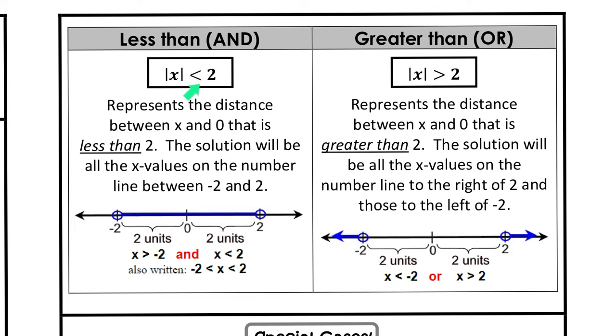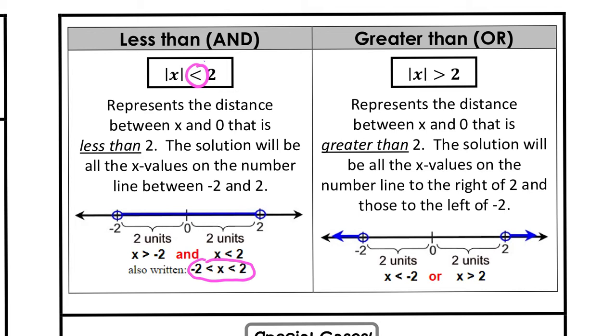But the two cases are, either I'm going to have an absolute value that's less than a number or greater than a number. If it's less than a number, so I'm going to use a brighter color here. If I have less than, then I'm going to focus on having an inequality that looks like this.